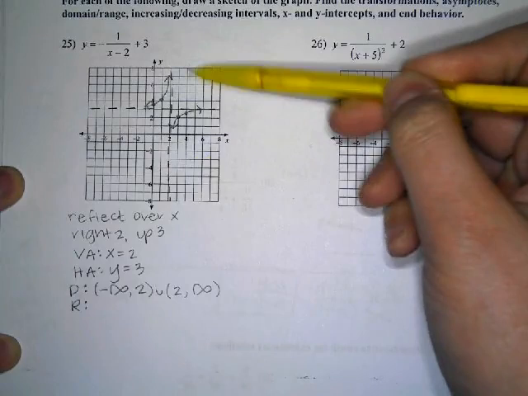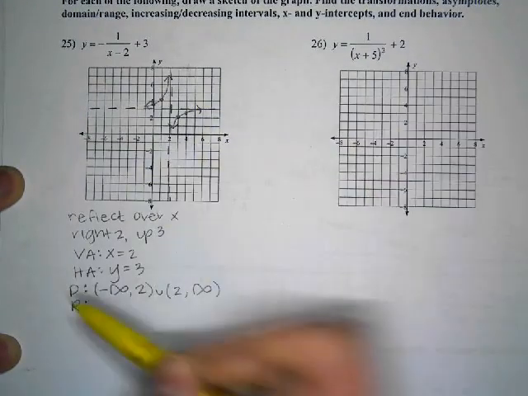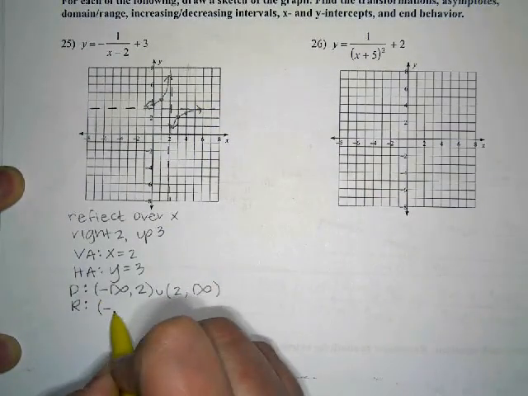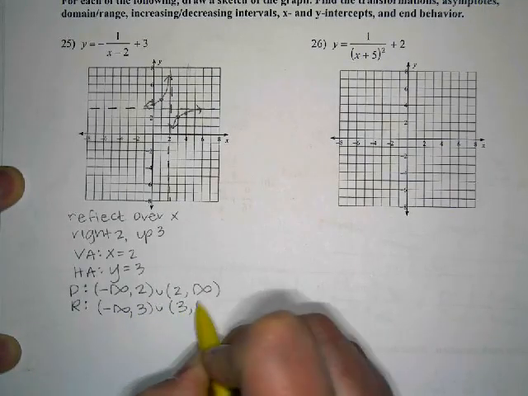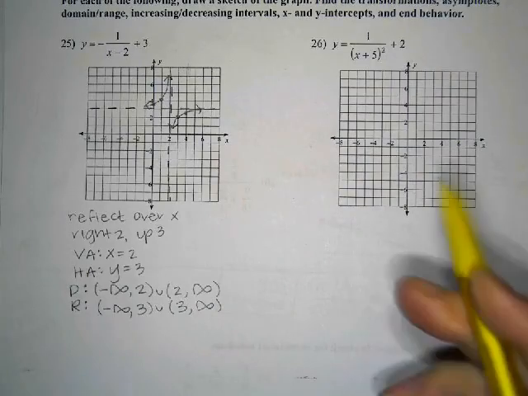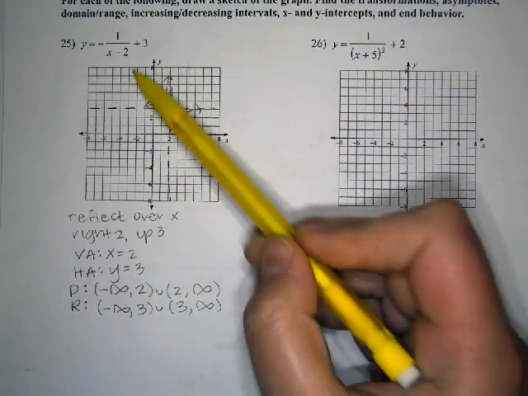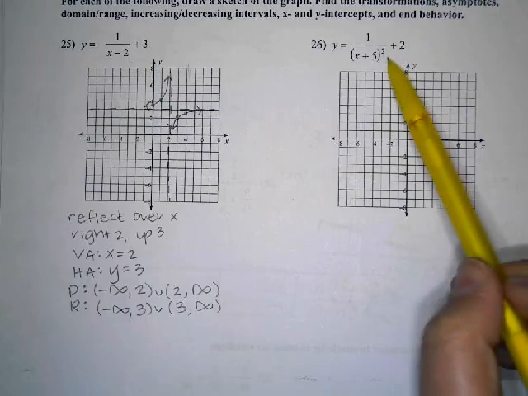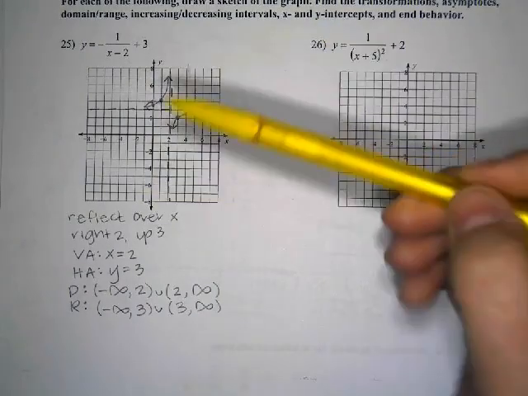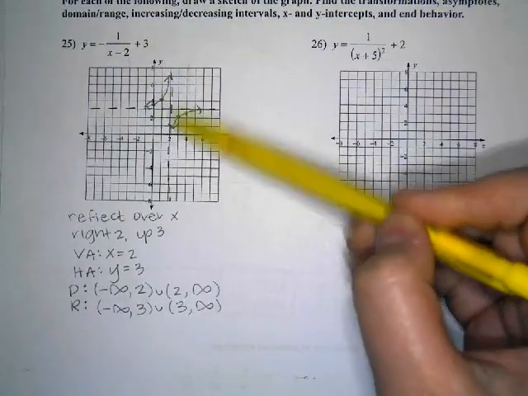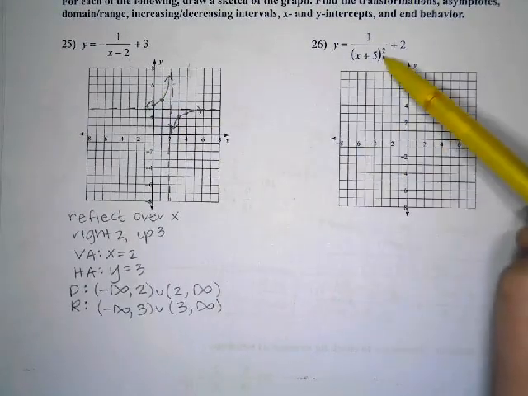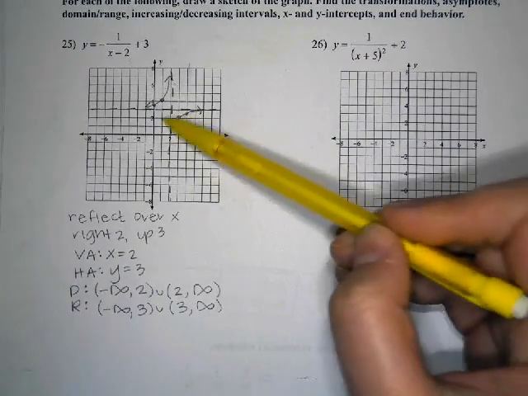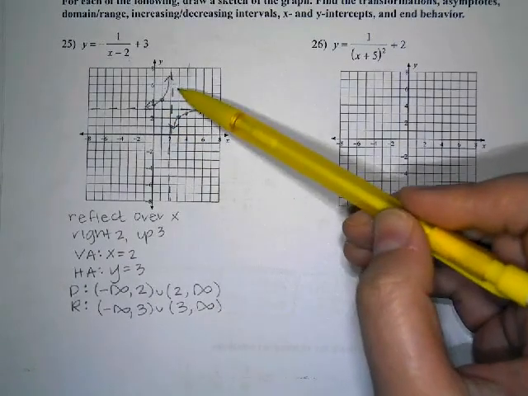So negative infinity to 3, 3 to infinity. And remember that the range for these graphs and these graphs are different. These ones have both of the curves above and below the asymptote. The squared graphs have the curves right next to each other, so they would either be both above or both below. And you don't have 2 pieces for your range, you only have 1. So be careful of that.